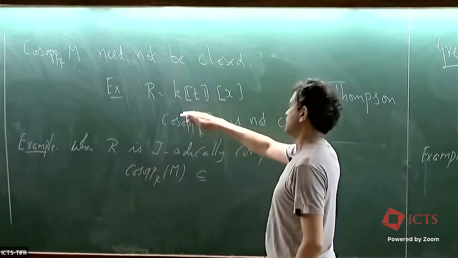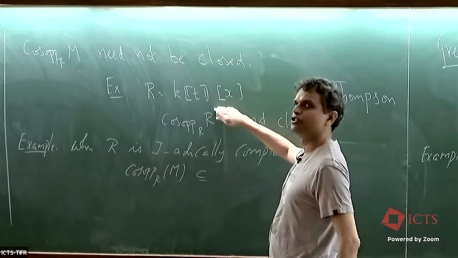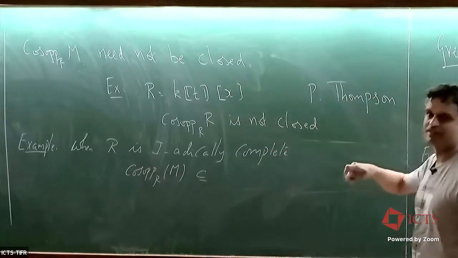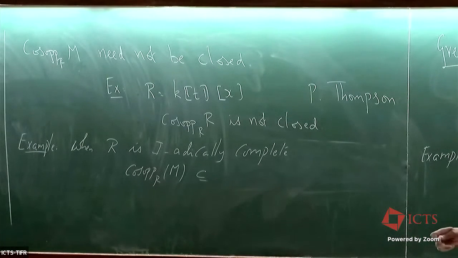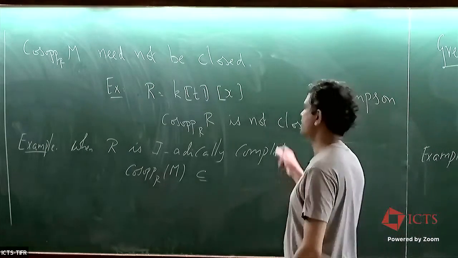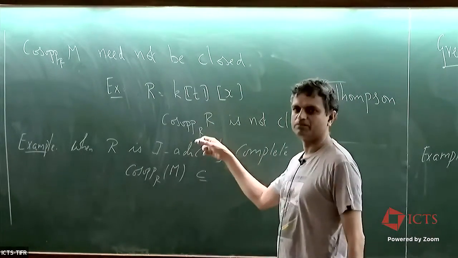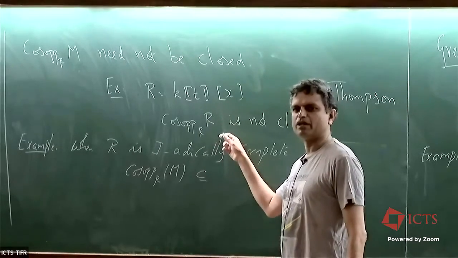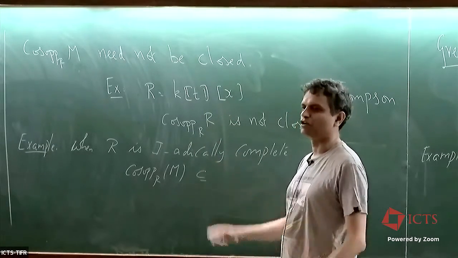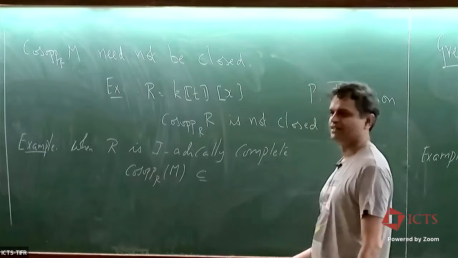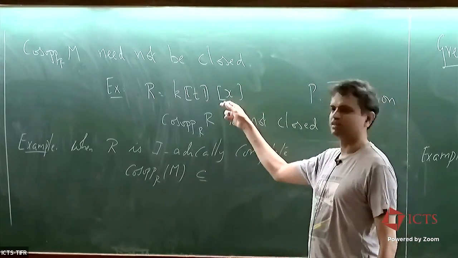What happens is this is a ring in which, so this is clearly a two-dimensional ring, right? But it has infinitely many height 1 maximal ideals. That's the funny thing about this ring. And it turns out all those are in the co-support, but some of them are not. So that tells you that it cannot be a closed subset. It's some strange thing about the spectrum of this ring.